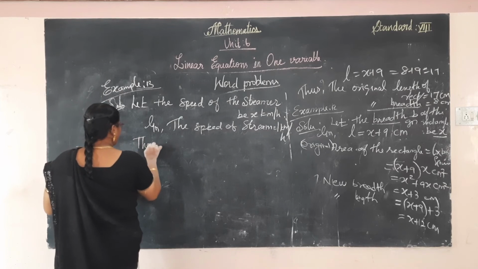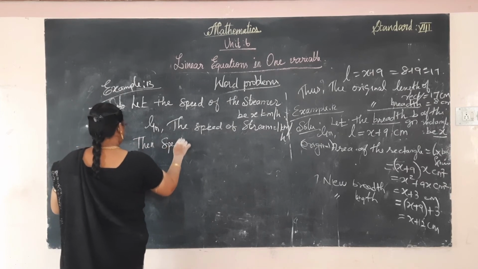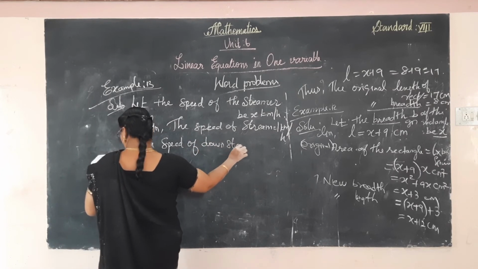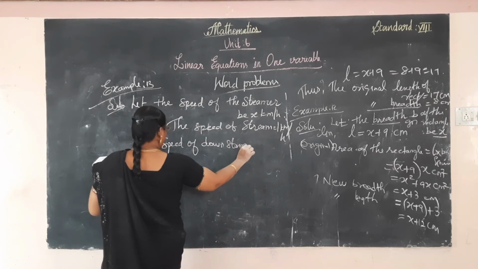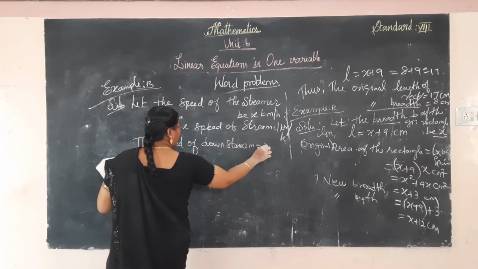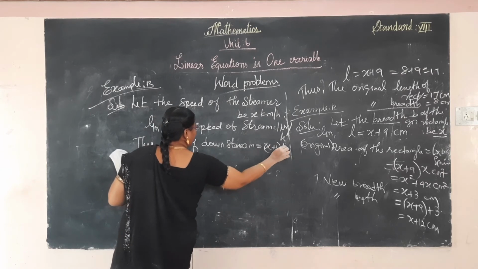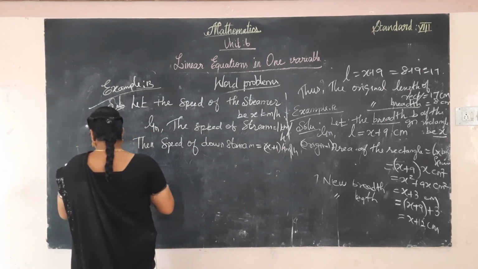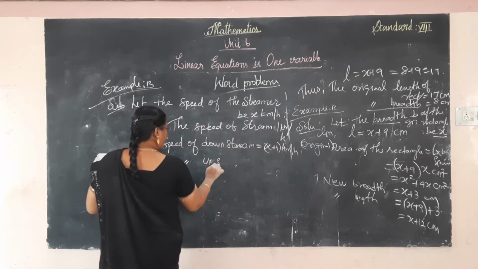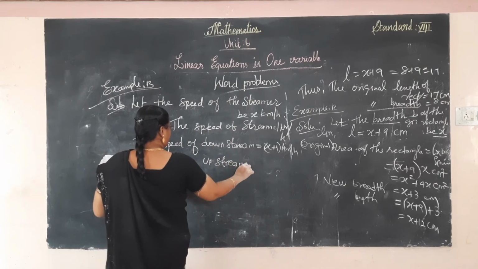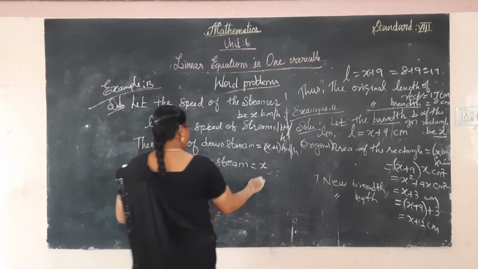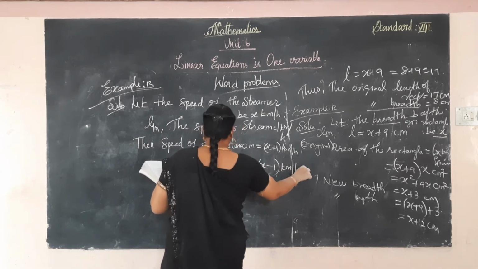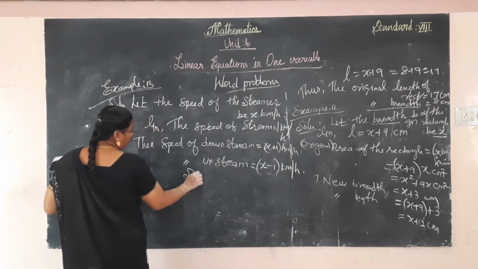The speed of the downstream is equal to x plus 1 kilometer per hour. And upstream means minus, x minus 1 kilometer per hour.